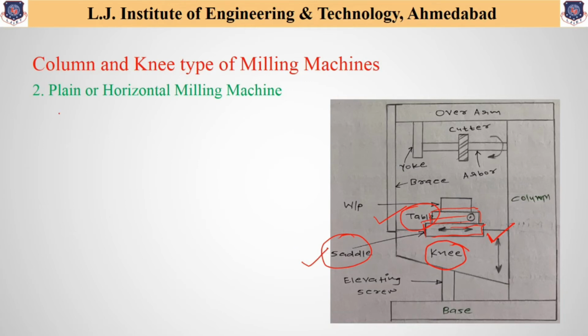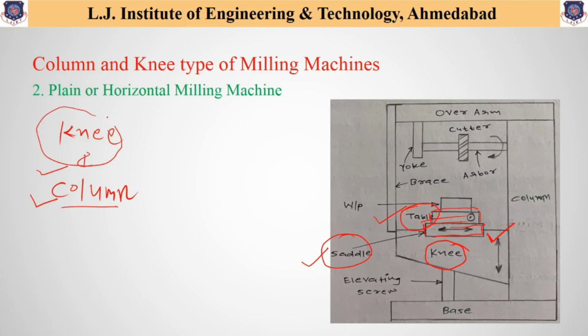In this type of machinery, two major parts help the machining operation. The first one is the knee and the other one is the column, because along the column the knee can be moved up and down, and on the knee the table and saddle can be moved. All the movements are possible with the help of the knee and column, and that's why these machineries are called column and knee type milling machines.